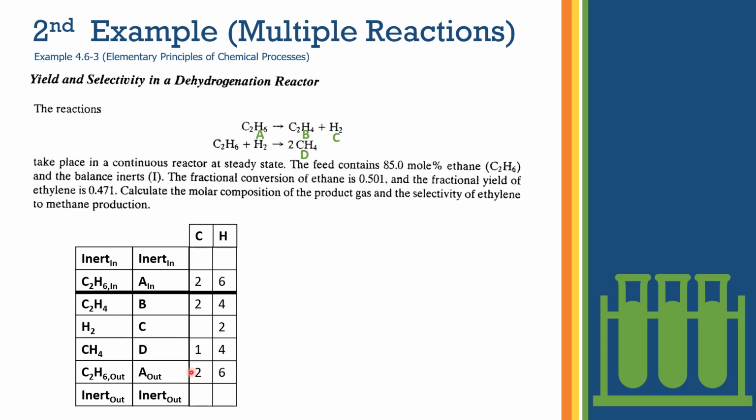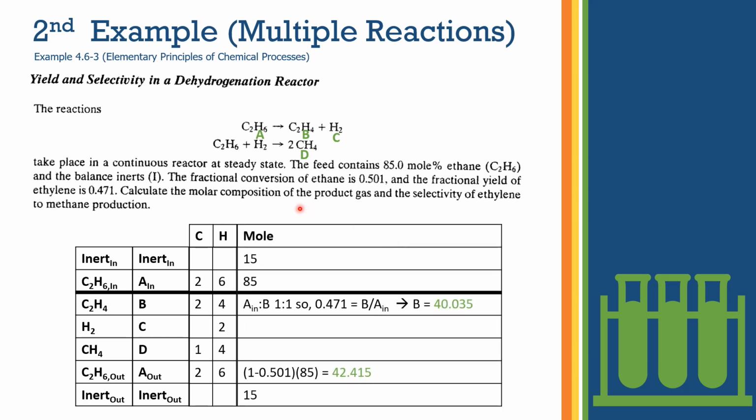We will repeat it in the out as well. For the ethylene 2 and 4. For hydrogen gas we have 2 hydrogen atoms, and for methane 1 carbon and 4 hydrogen. For ethane we already specified that. And remember to ignore any number after balancing the equation. Just deal with them as if the coefficient is 1 before all of them.